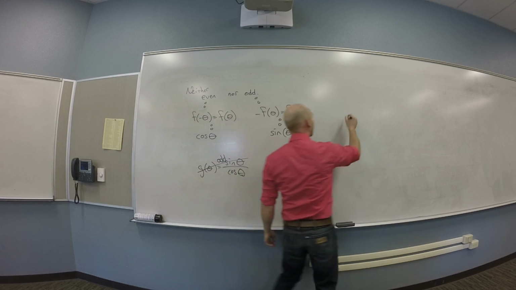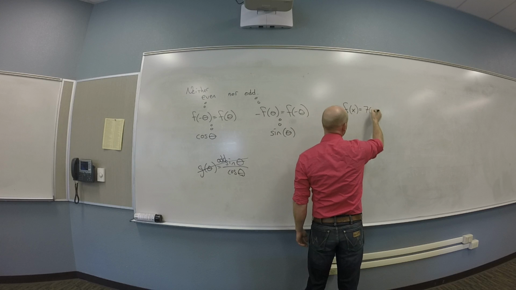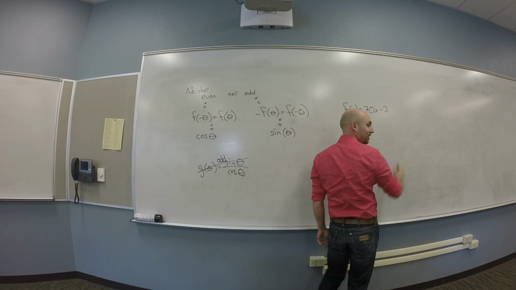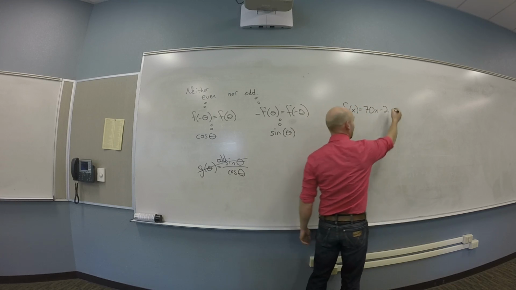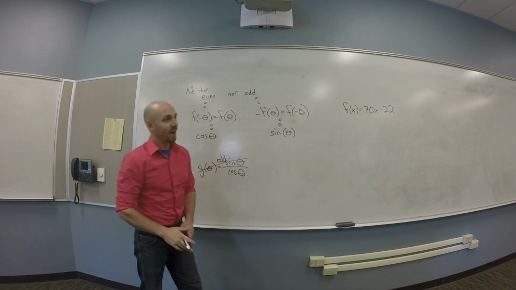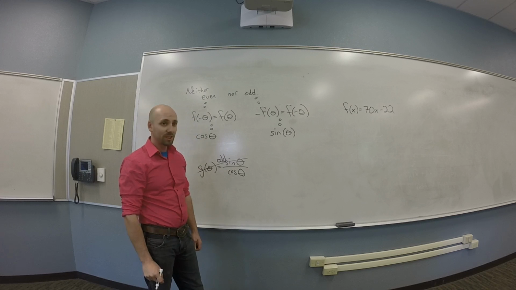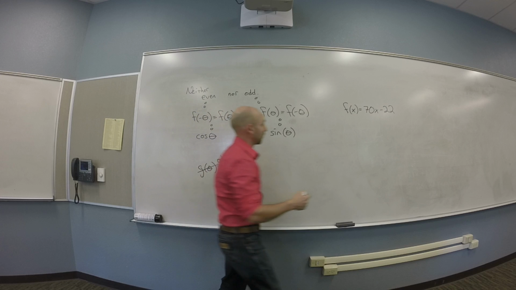Okay, so that's actually a good thought. So what if f of x is 70x minus 22? And what do you need to check whether this is even or odd? Whether if you put negative x in, you get the same function.